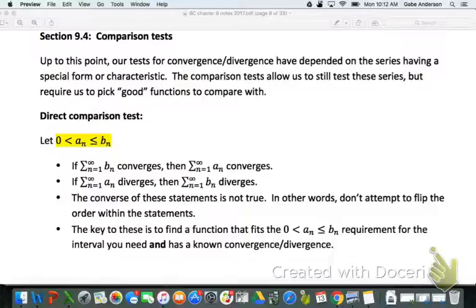And I was really narrow, right? Wasn't I really narrow with my definition for the p-test? Remember how I said the p-test specifically has to be sigma of 1 over n to the p, right? So if you have 1 over n to the p plus 7, not a p-test anymore, right?